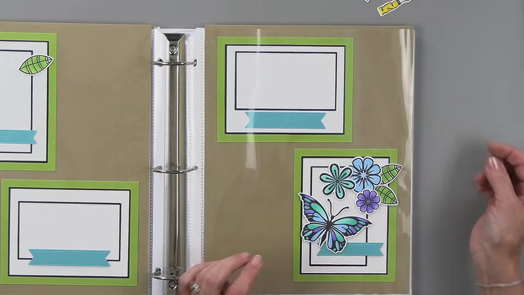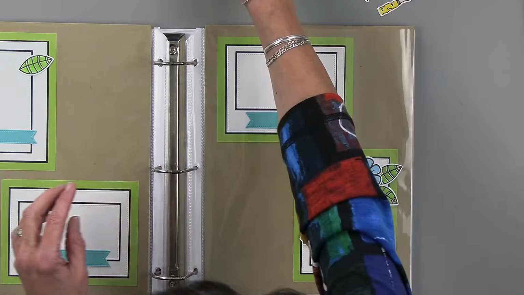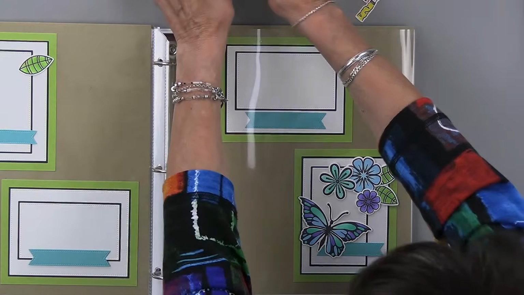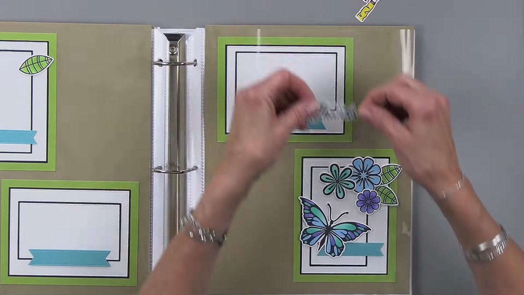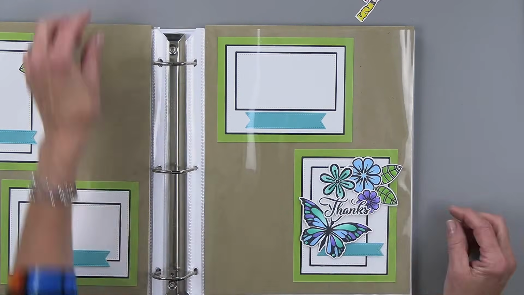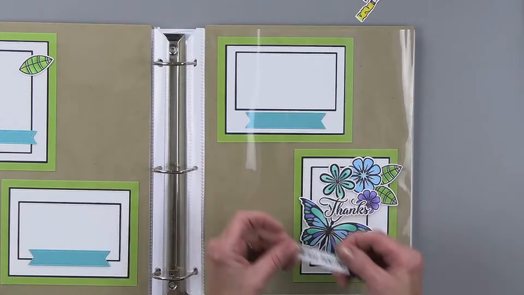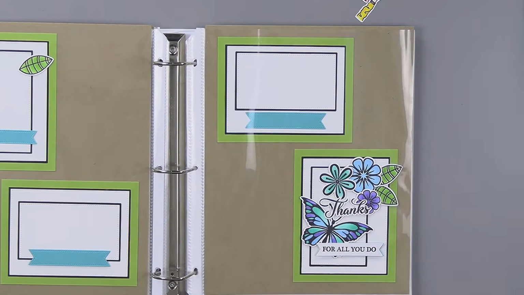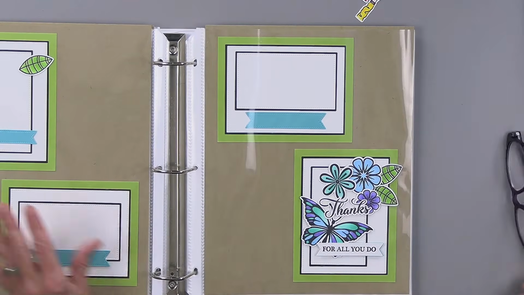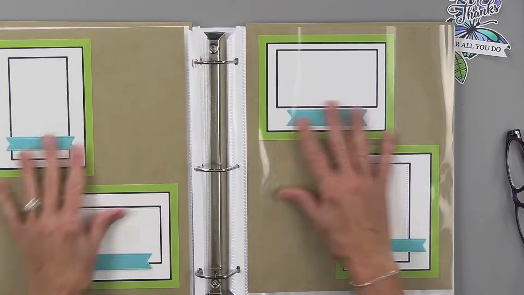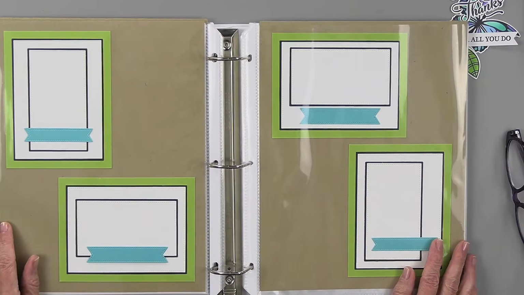I'm just grabbing greetings, but I'm going to have to cut some other greetings out. We could put thanks up here, and then have For All You Do down here and pop that up. So you can see how convenient this is and how many different ways you can lay cards out.